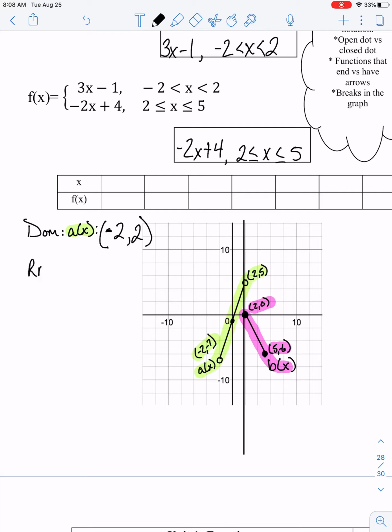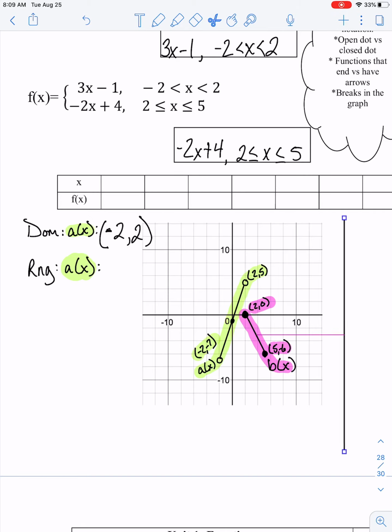Then I do range of a of x. Again, a of x is still, I'm looking at my green function. This time with range, remember, I use a horizontal line.